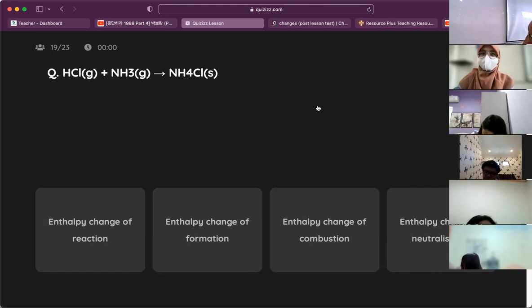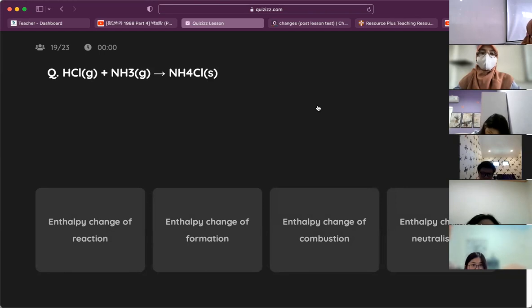Enthalpy change of formation means the forming of one mole of substance from its elements. Hydrochloric acid is not an element. Ammonia is also not an element. So we cannot classify this one as enthalpy change of formation.